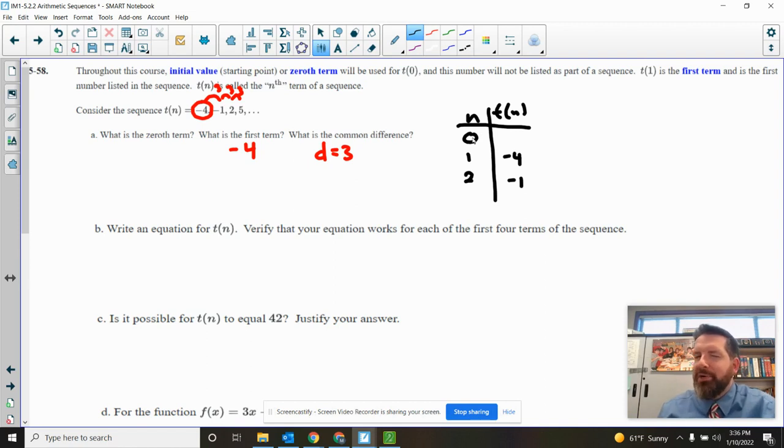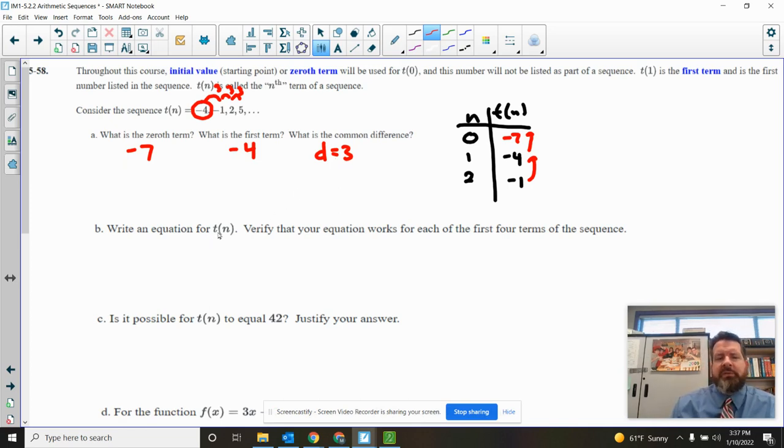We didn't call it the zeroth term at the time, but we're going to use that same procedure here. So if each time you go down, you're adding 3, then each time you go up, you're subtracting 3. You're doing the reverse. So -1 minus 3 takes you to -4. -4 minus 3 would take you to -7. And that's how you figure out your zeroth term. It's basically your first term minus the common difference. There it is.